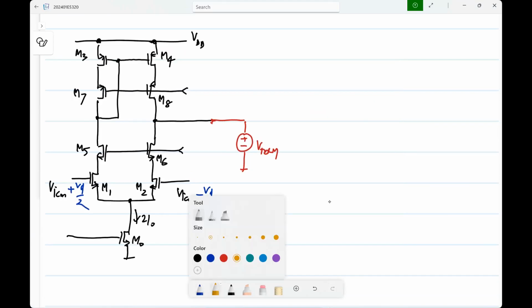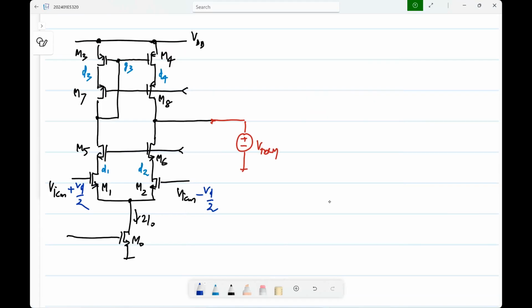And we have a number of these additional nodes. So let's say drain of M1, drain of M2, drain of M3, drain of M4, and then gate of M3. Okay.